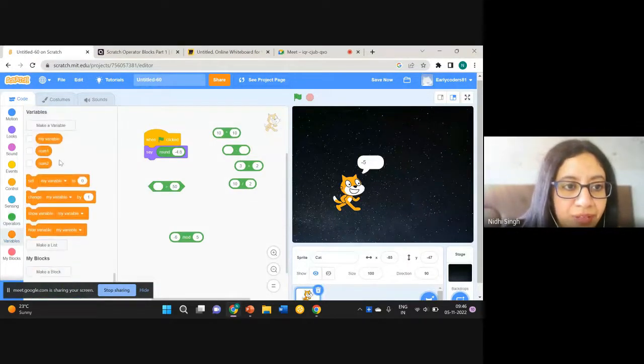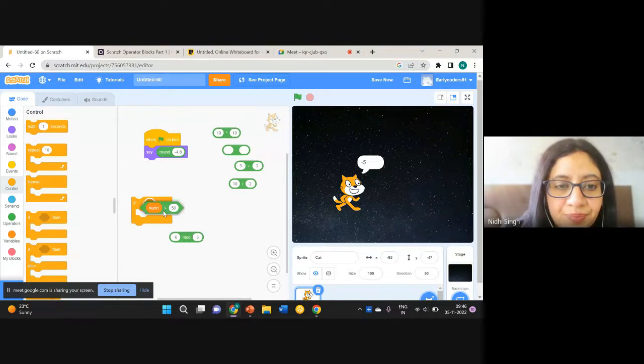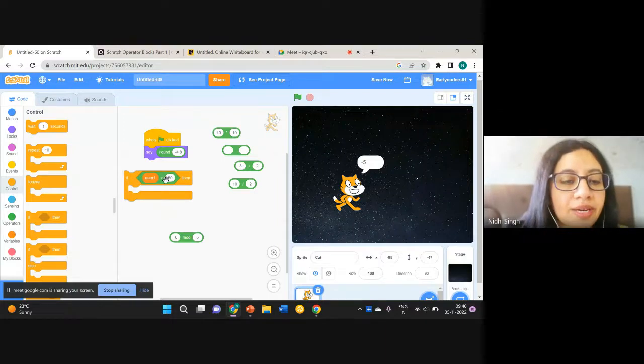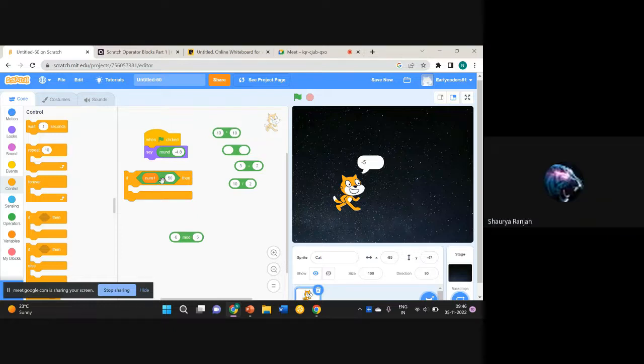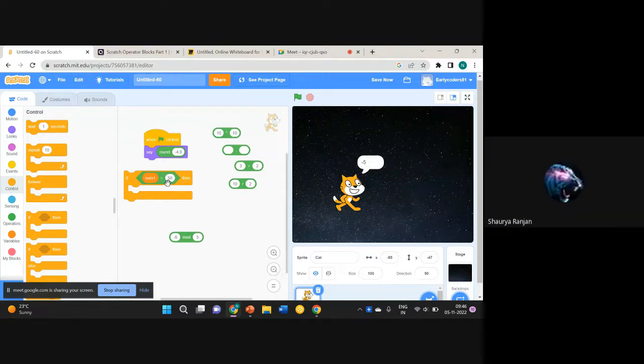Let's say I have this variable num1 and I am taking it inside here. Here I am checking if num1 is greater than 50. So whatever number we take, if the value is greater than 50, then do this. What will be the value of this condition? What will be the answer of this condition? It could be false or it could be true.